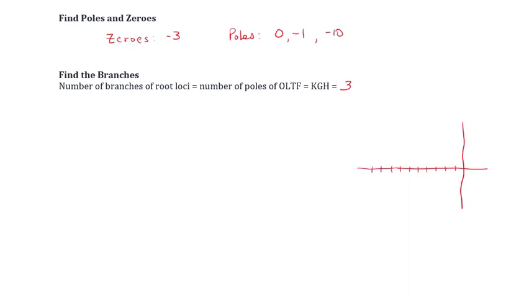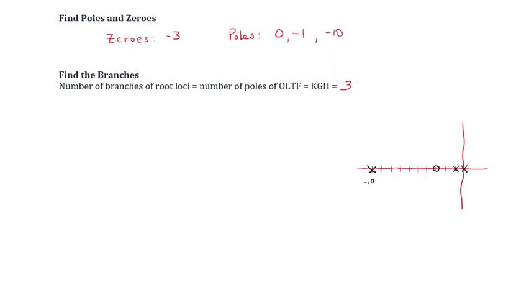There's one way out there, right there, -10. We've got a pole at -1, right there. We've got a pole at 0, right there. And we've got a zero at -3, right there.